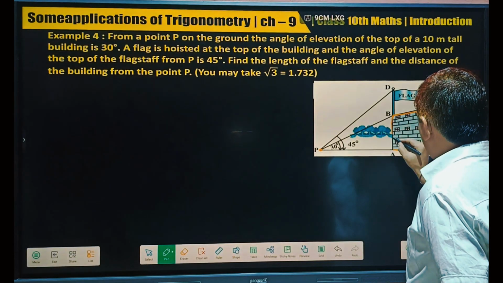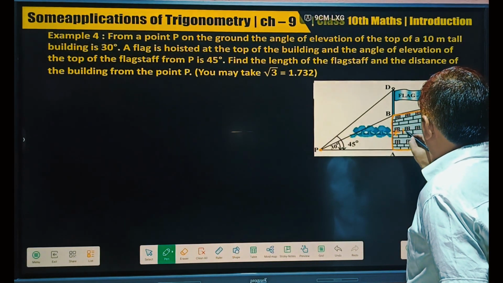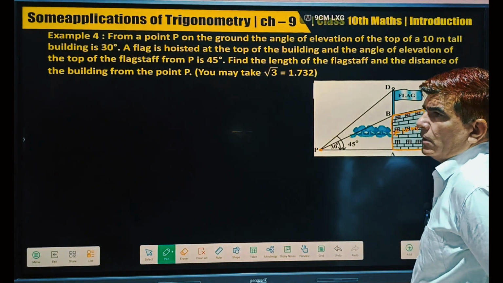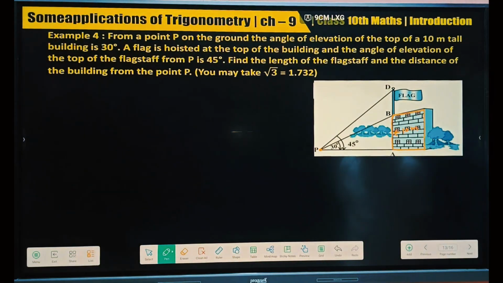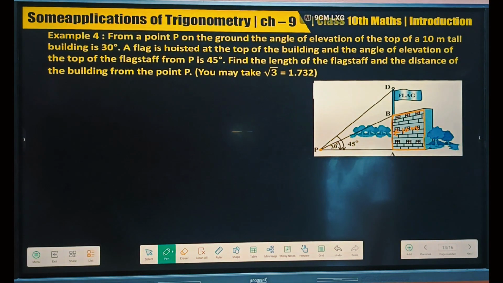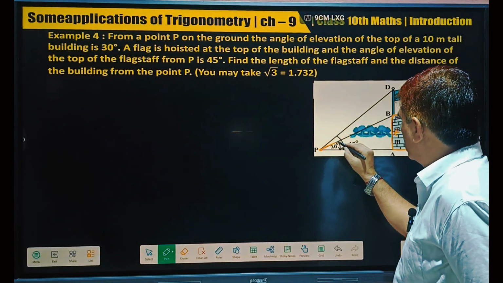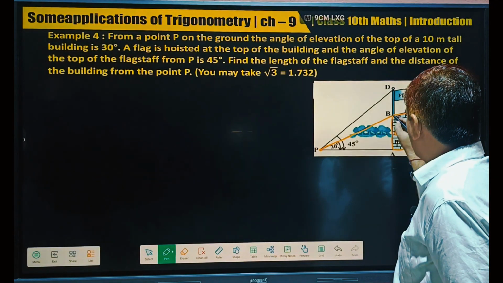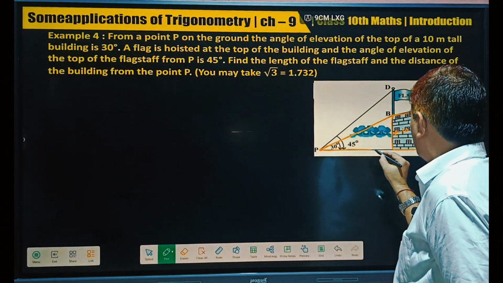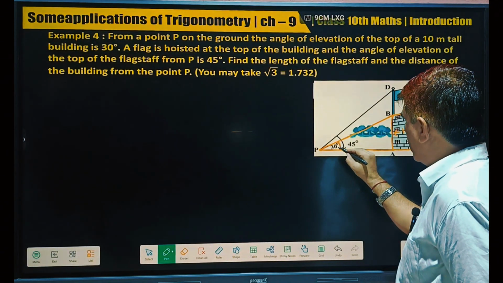This is the height of the building. So this is 10 meter. The angle of elevation of the top of a 10 meter tall building is 30 degree. So this is making like this. This is the top of this. This angle, how much degree is it?